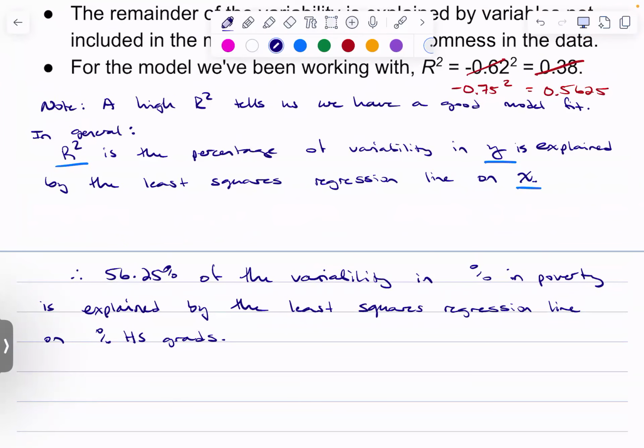In terms of this particular question. That's a long blurb, I know that. But what I want you to be looking out for is some percentage of variability. Percentage of variability, I want you to think R squared. As soon as you see that, I want you to think R squared.